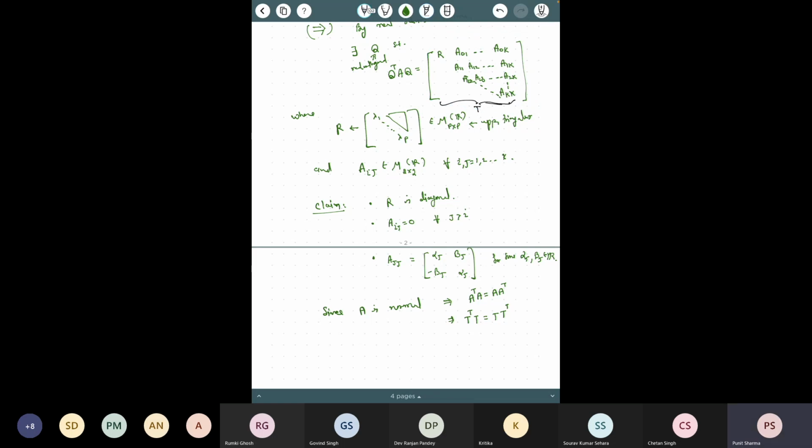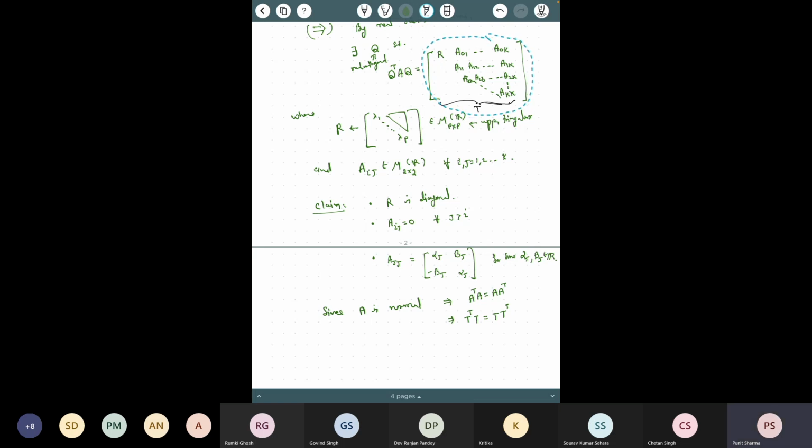Now if you do that, if you compare the first diagonal block here in T transpose T and T T transpose, can you multiply and tell me what would be the first block of T transpose T? Can you tell me that? So look at here, T is this one.